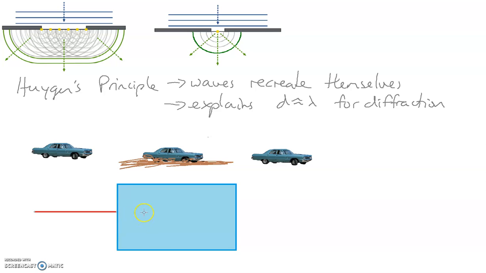It then goes into glass, and obviously when it goes into the glass, it's going to slow down, right? And then it goes into the air and speeds up again, something like this.